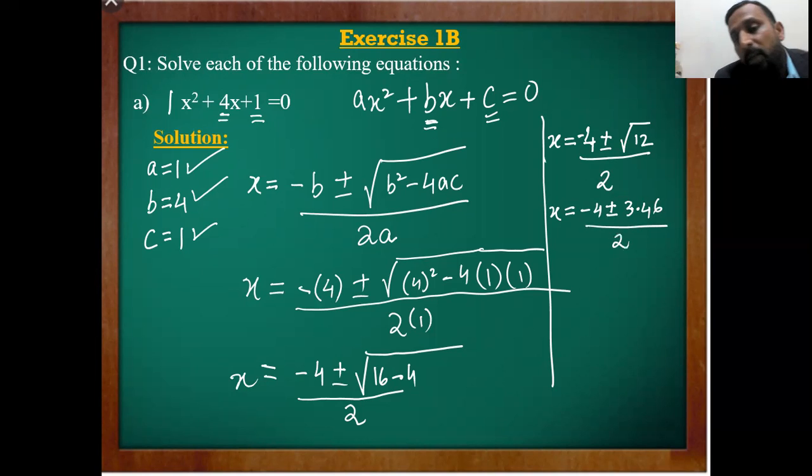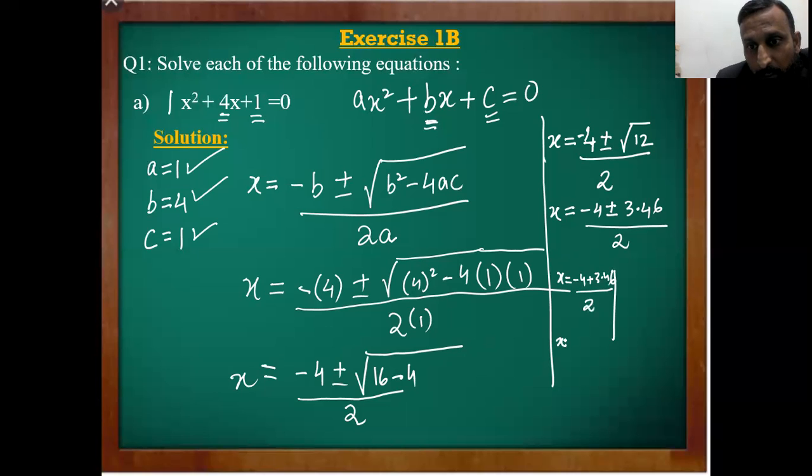Now we make two columns: in the first we write positive 3.46, and in the next we write negative 3.46. So x equals negative 4 and positive 3.46, whole upon 2.